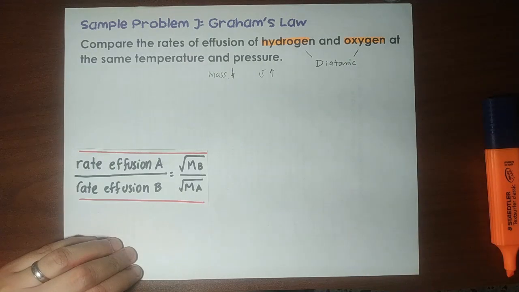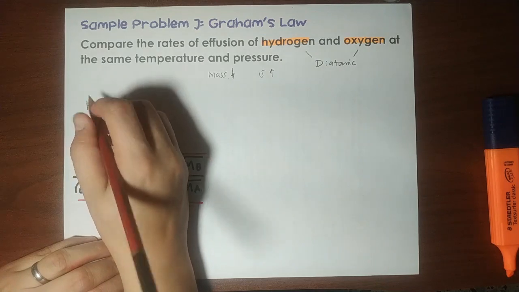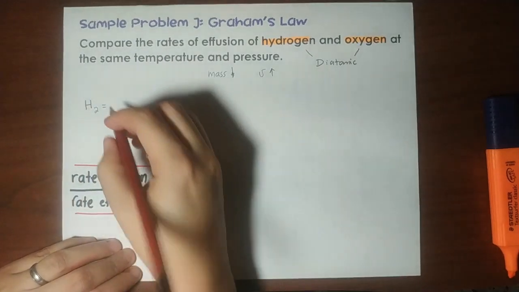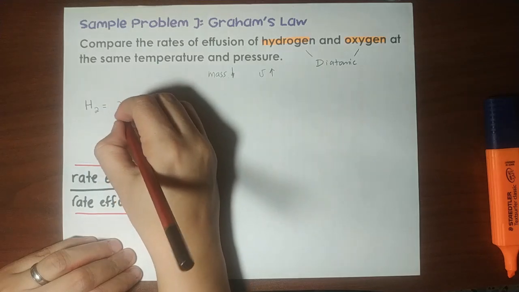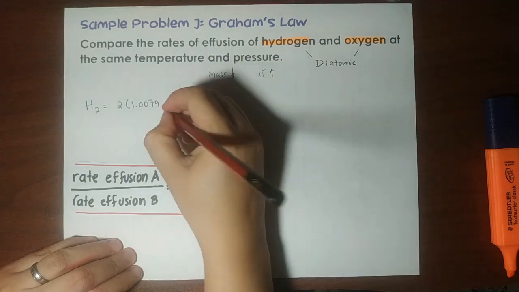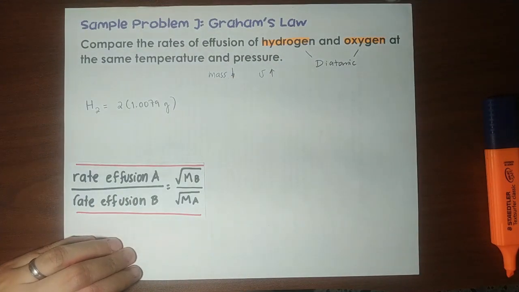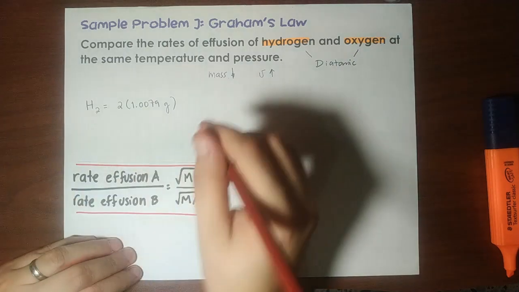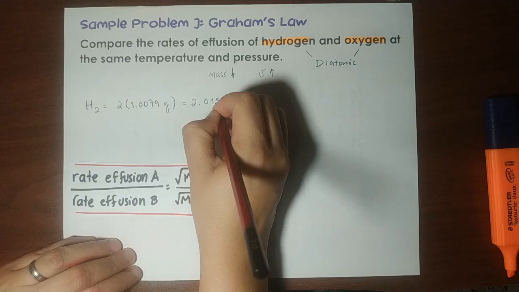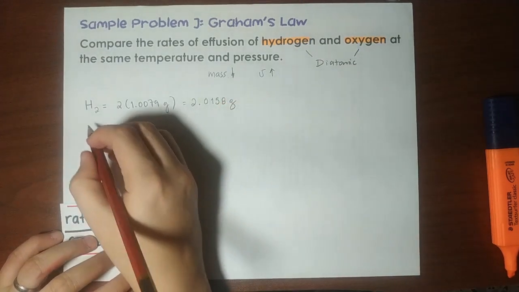That means that one molecule of hydrogen has two atoms. So the molar mass is 2 times 1.0079 grams. This is equal to 2.0158 grams. Now what happens with oxygen?